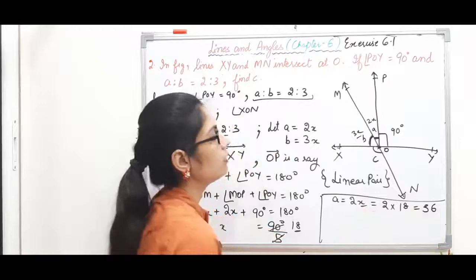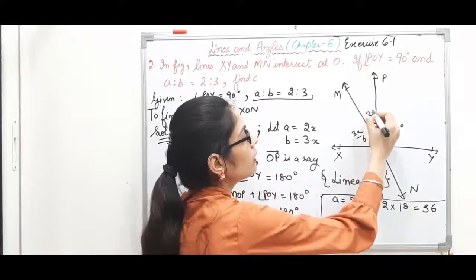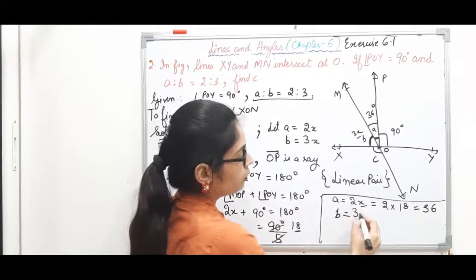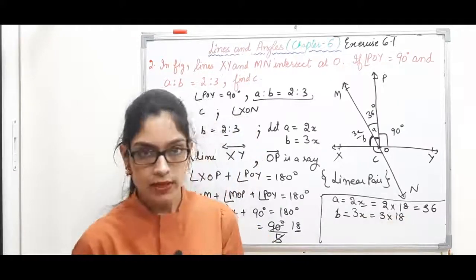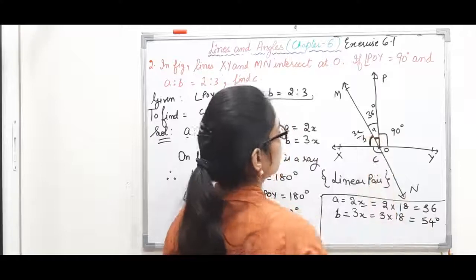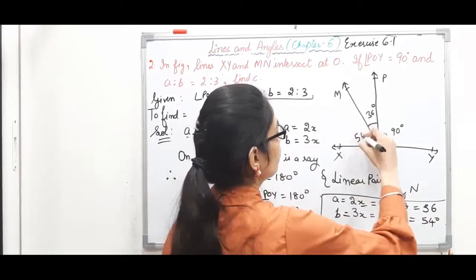So 36. The value of a is 36. So this angle is equal to 36 degrees. Now b. b is equal to 3x, 3 into 18. Because the value of x is 18, 3 into 18 is 54. So the value of b we can write here, it is equal to 54 degrees.